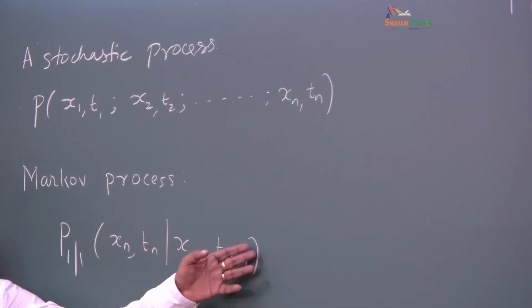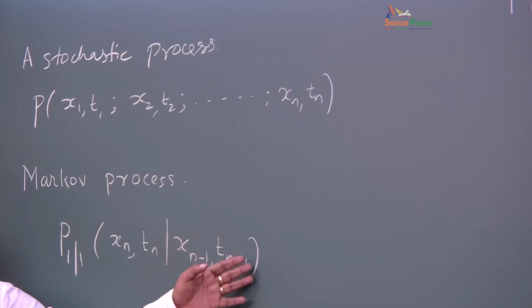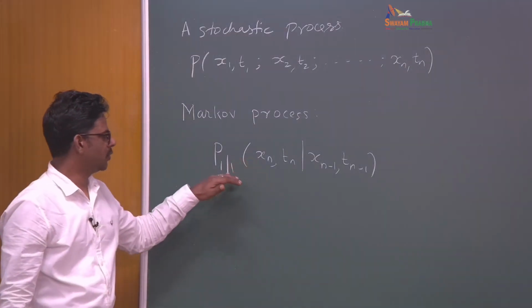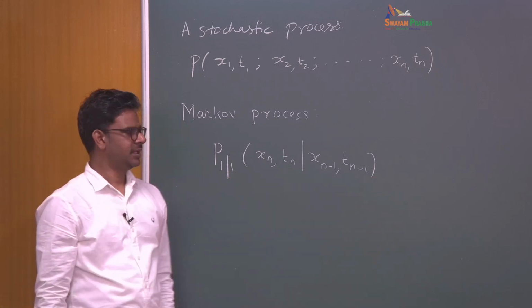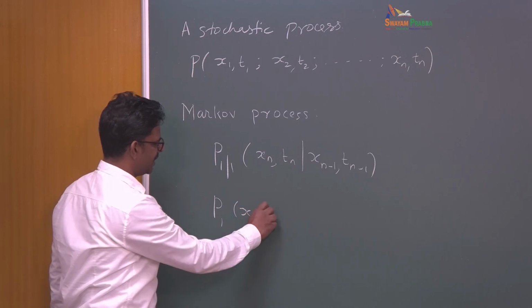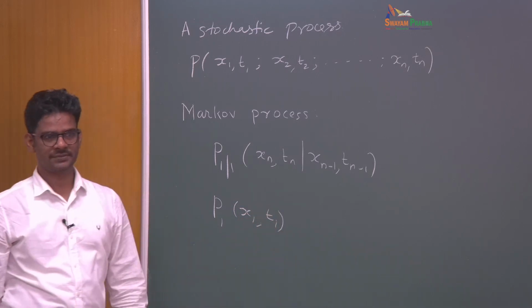It does not require any information about where the system was at n minus 2, n minus 3, n minus 4 and so on. Okay, and this is what we call the Markov property. This, along with a single point distribution, fully describes the Markov process.